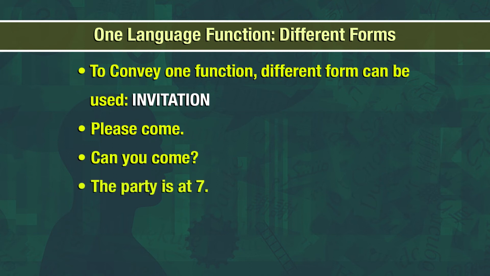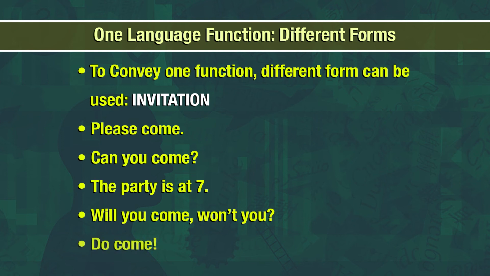"The party is at 7." This sentence is in the form of a statement. "Will you come? Won't you?" It's a question tag. "Do come," an exclamatory sentence. So in all these forms, the function is that of an invitation, but the form varies.